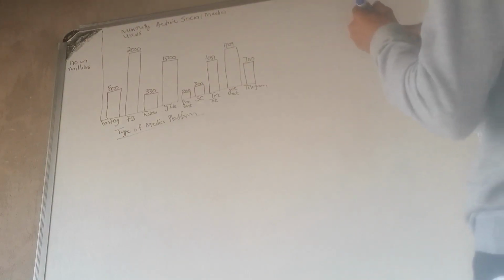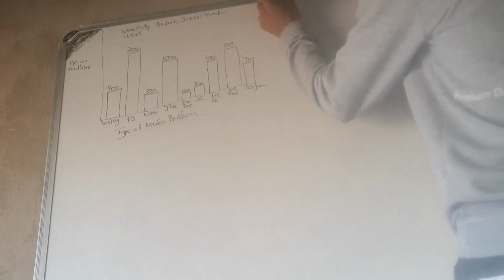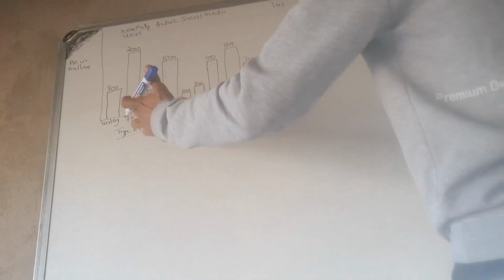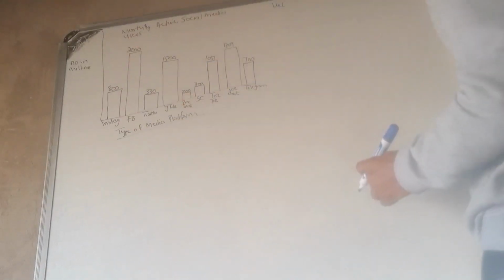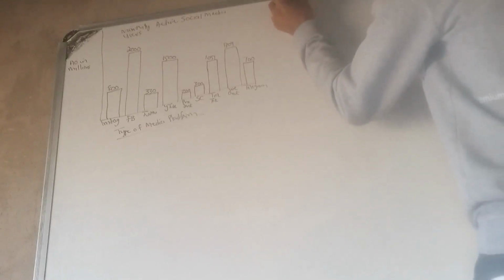And the first question, 1.4.1. They say use the graph above and answer the questions that follow. Which social media platform is used the most on a monthly basis? Obviously, you can see that the graph rises to 2000. So that would be Facebook.